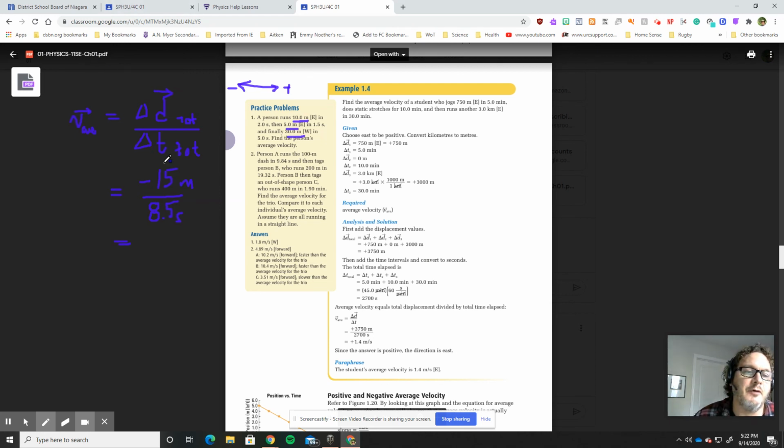I only have 2 significant figures here and 2 significant figures here, so I have to round it off to 2 significant figures. That's where this 1.8 meters per second west comes from. The negative means west. The units are meters over seconds, and the magnitude there is 15 over 8.5, rounded off to 2 significant figures.